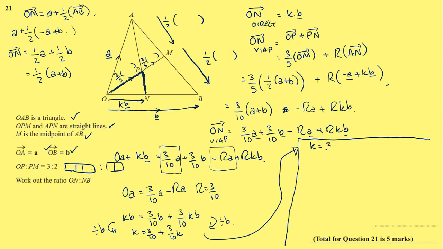K equals 3/10 plus 3/10 K. I'm going to multiply everything by 10. 10K equals 3 plus 3K.